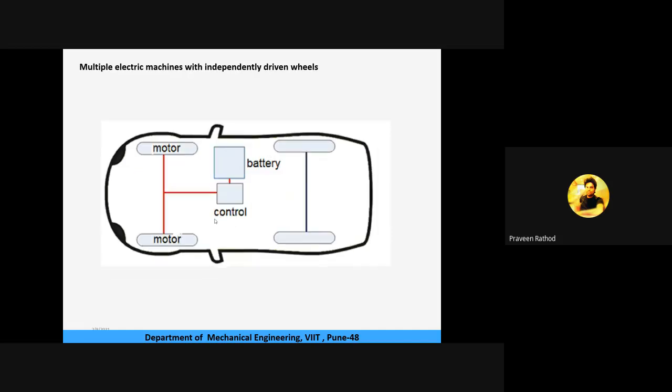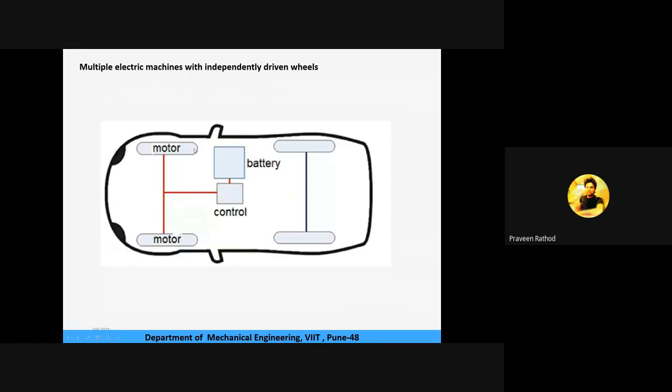The third type of topology is a multiple electric machine with independently driven wheels. The name itself indicates that a motor will be used over here and a motor will be used over here. So when we use this type of topology, it is possible to eliminate the use of a differential by using separate motors.